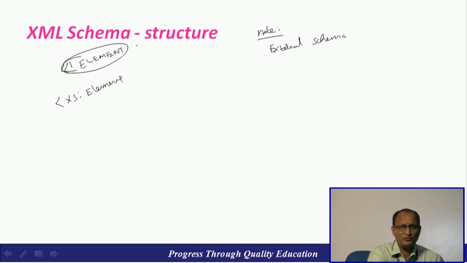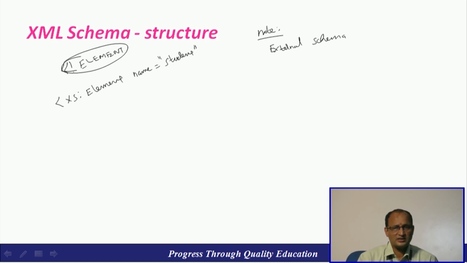We have to specify the name with the help of the name attribute in XML schema structure. So this one we should learn. XS colon element, name equal to, what is the element that we have to specify? Student I have given.